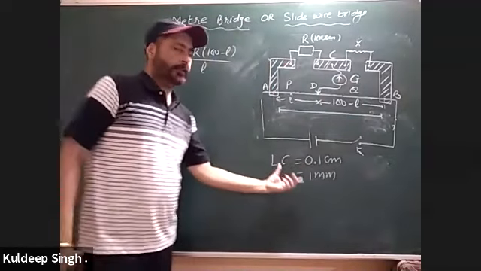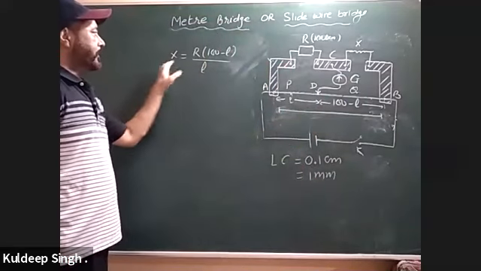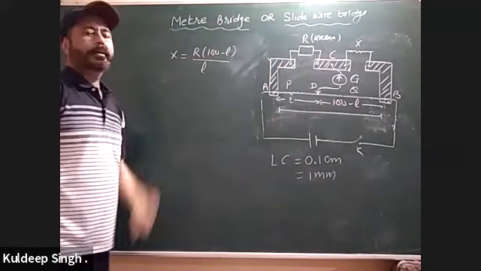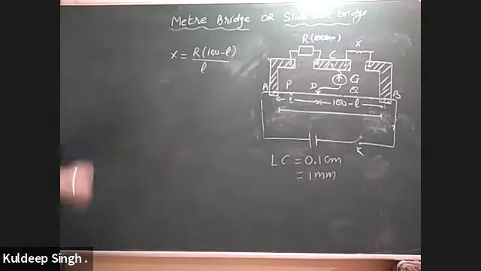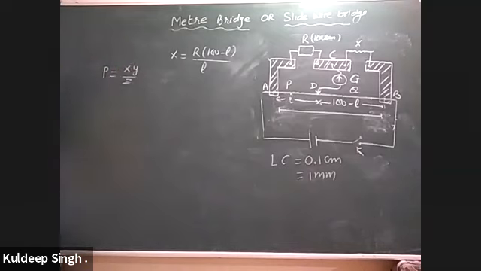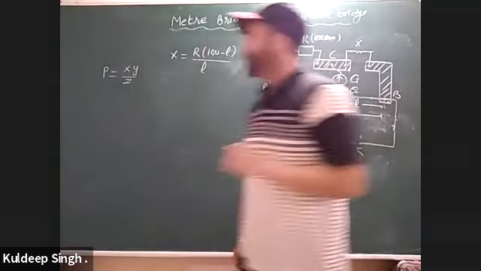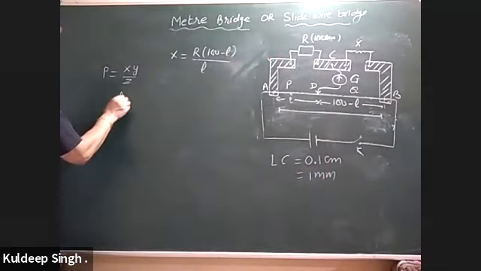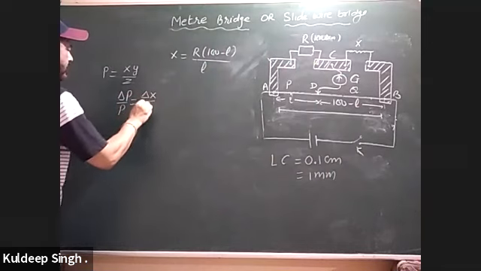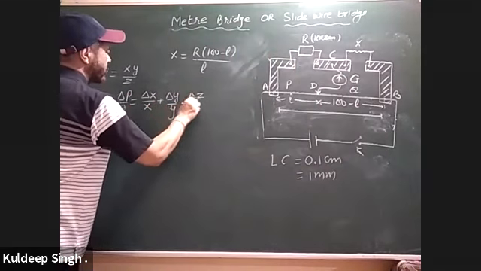Now, due to this error, which is there in the measurement of L, that will propagate in this calculation. So x equal to R into 100 minus L divided by L. If I remind you, if you are given P equal to x into y by z, then the fractional error in P, last year थोड़ा याद करो, the fractional error in P was equal to delta P by P equal to delta x by x plus delta y upon y plus delta z upon z.